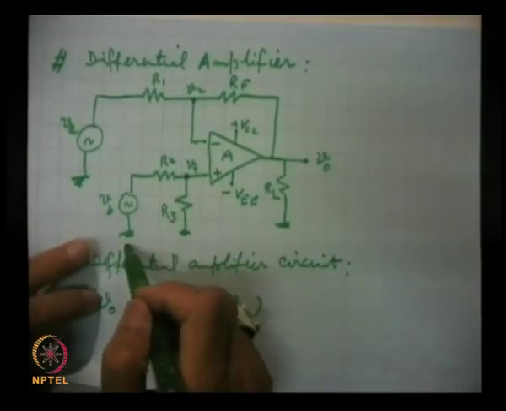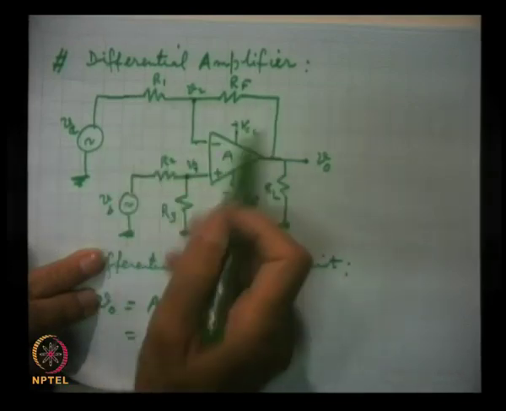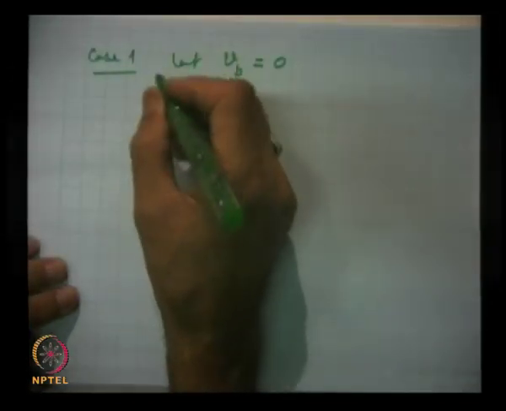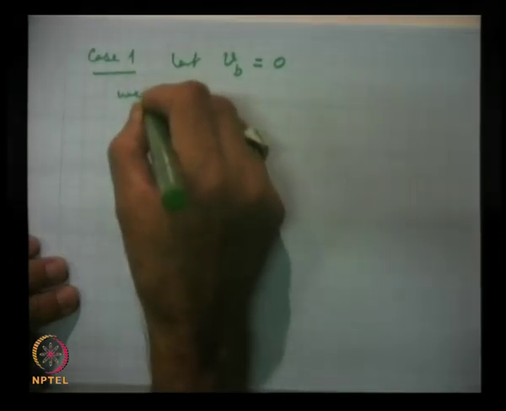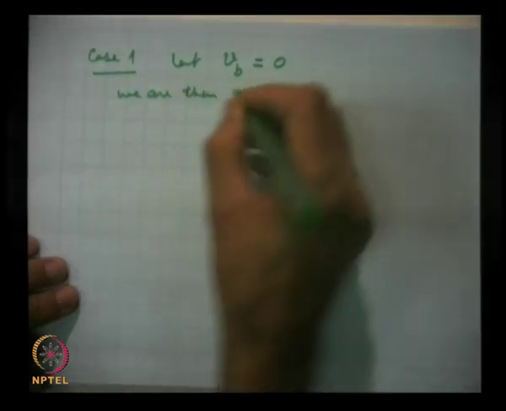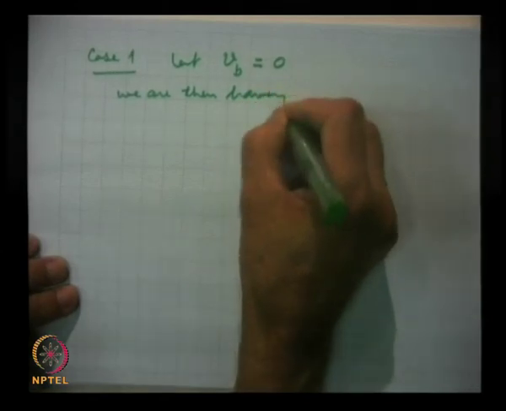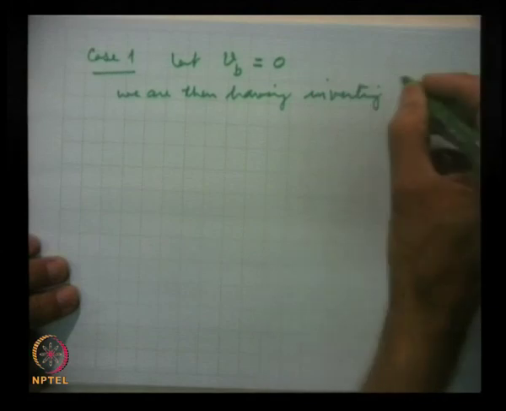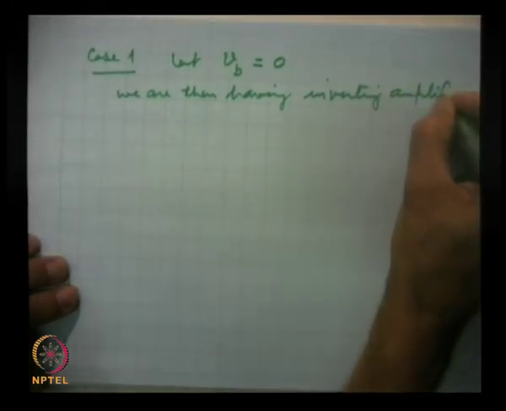VA, as you will see, if this is grounded, this is an inverting amplifier. So, we are then having an inverting amplifier.